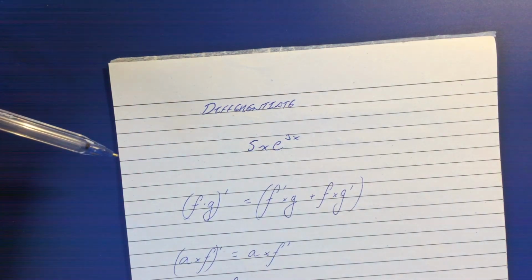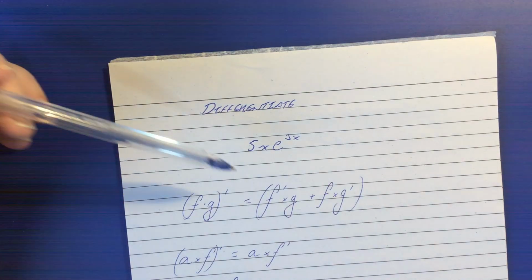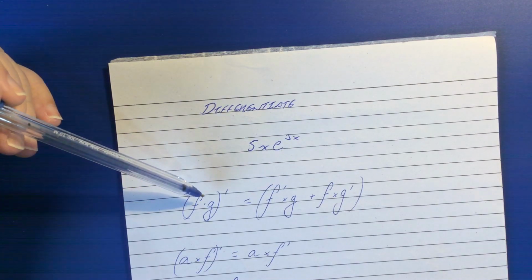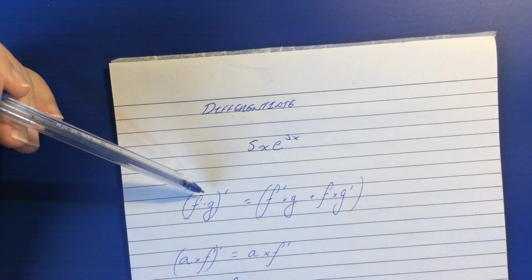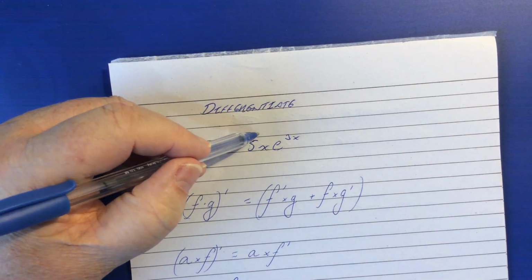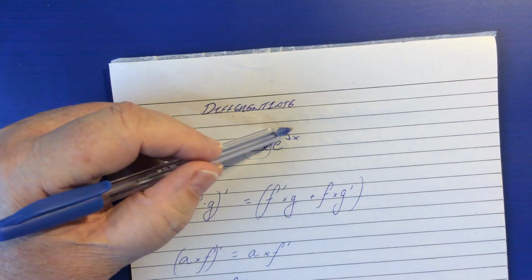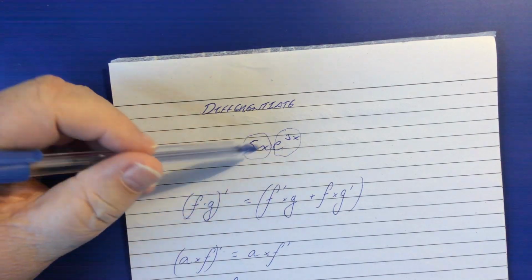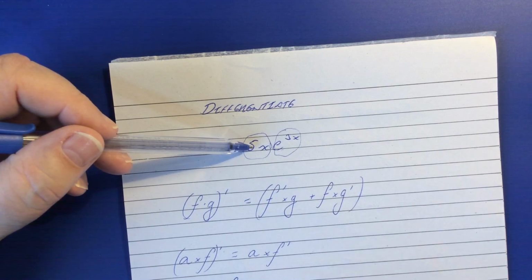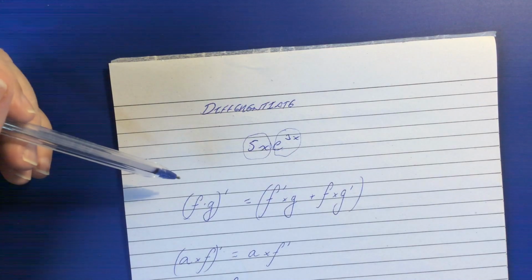So the first thing to do is to recognize that this will be an application of the product rule, and I've written out the product rule here, possibly in a way in which you might not find familiar, but if you just accept that what we're dealing with here is f, and what we're dealing with here is g, and you think of these as possibly the more familiar form, if you haven't seen this before, of u and v.